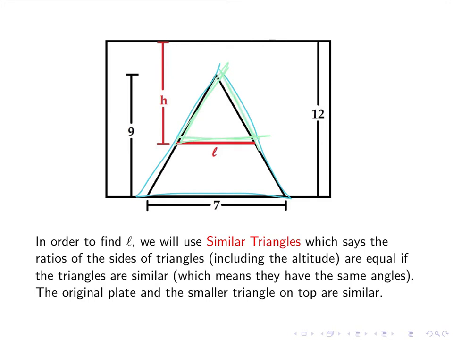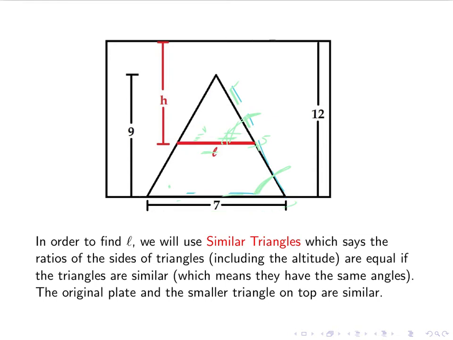Whenever you cut a triangle with, in this case, the base being parallel, then you always end up with similar triangles. Okay, this angle here is equal to this angle. This angle here is equal to this angle, and they share that angle, so obviously that angle is the same. So these two triangles are similar. Again, I'll clean this up a little bit.